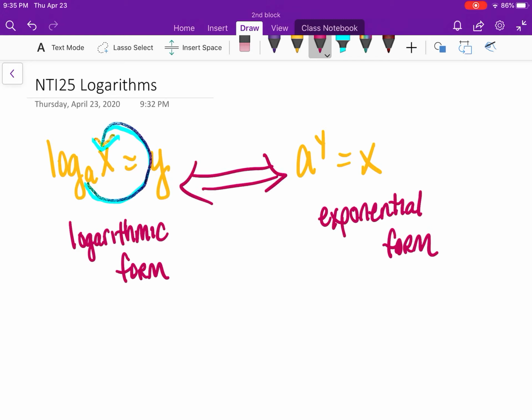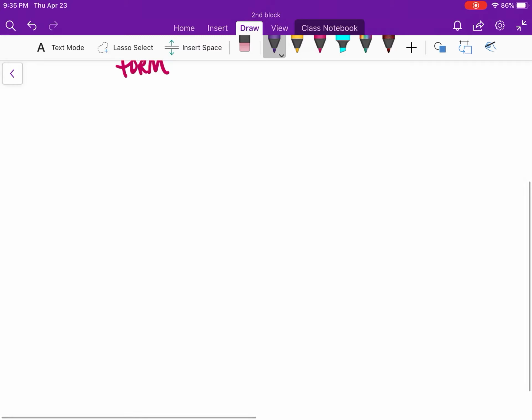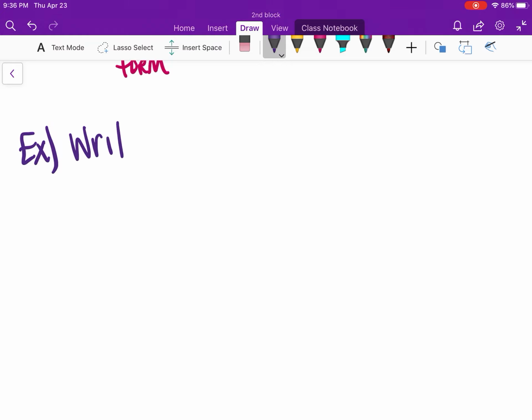These two equations mean the same thing. So we're going to practice going back and forth between the two forms, and then you'll be able to use exponential form to solve logarithms. So first example, we want to write in logarithmic form.